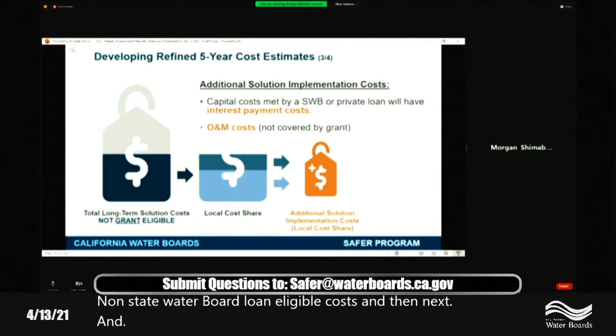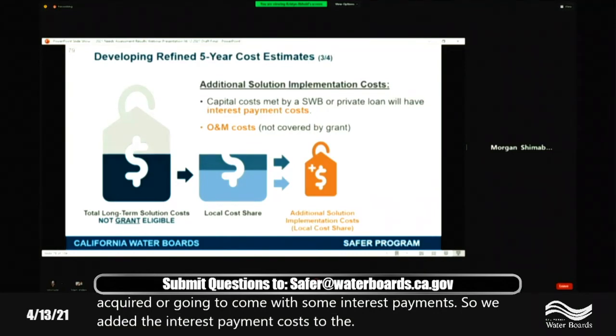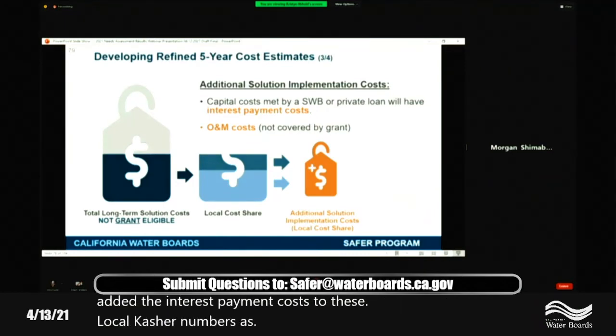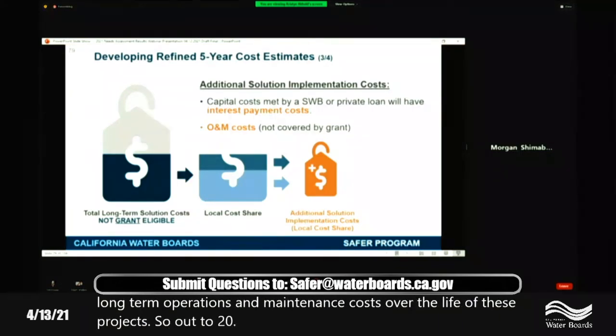And then, on top of these, we know that any loans that are acquired are going to come with some interest payments. So we added the interest payment costs to these local cost share numbers, as well as we added in and summed the long-term operations and maintenance costs over the life of these projects, so out to 20 years for the long-term solutions.